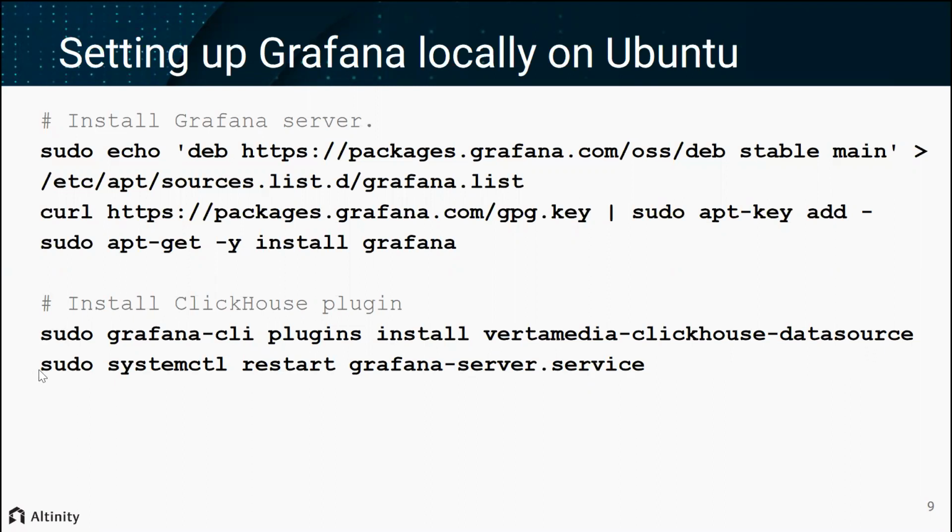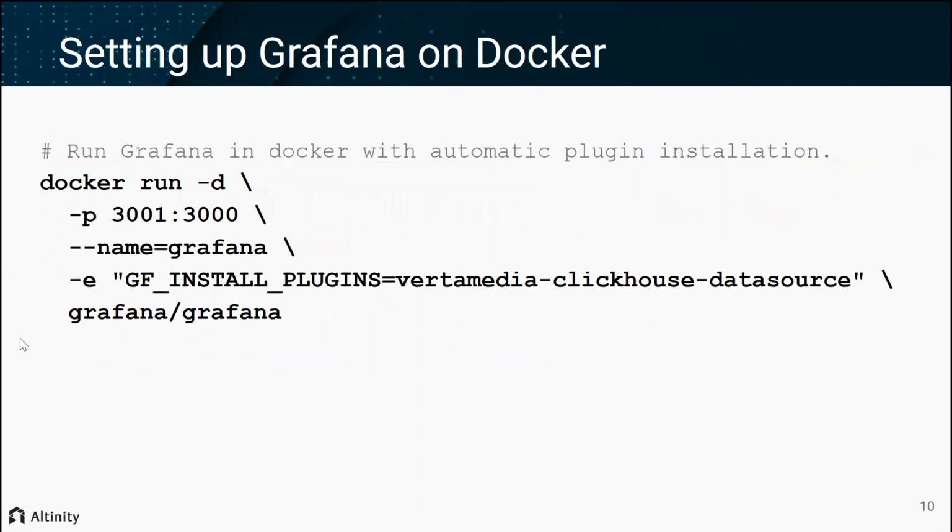Pretty easy to do if you're using a Linux laptop the way I typically do, or if you have a VM somewhere. The other thing you can do, which is very handy, for example, if you're running on Mac and don't necessarily want to run Grafana locally, is you can just run it in Docker. And one of the cool improvements recently in Grafana is it's gotten better at installing the out-of-tree plugins.